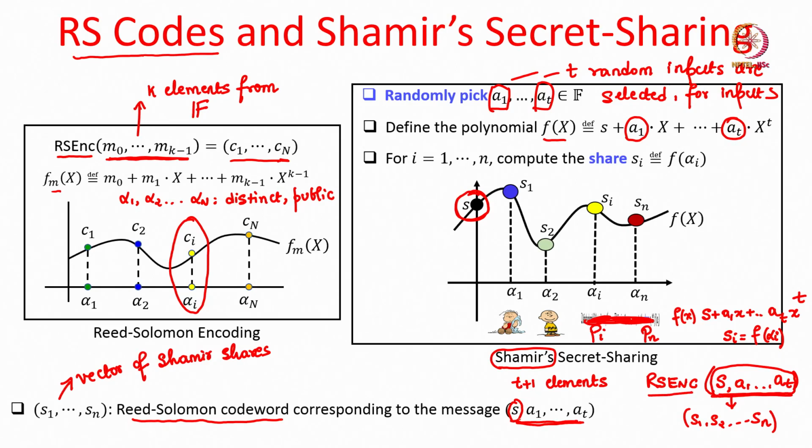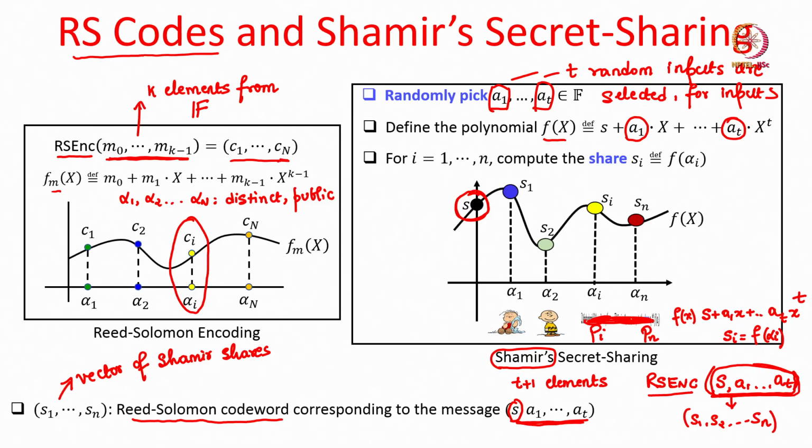So, you can call this original input of Shamir secret sharing followed by the concatenated random inputs as the expanded input, and then you can visualize Shamir's shares as the Reed-Solomon code word corresponding to this expanded message.